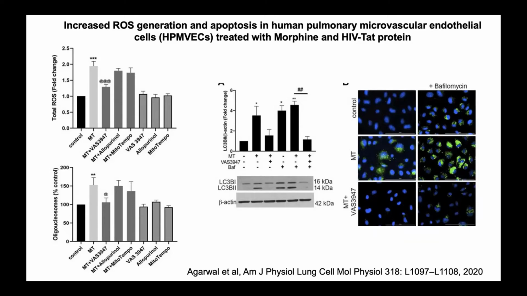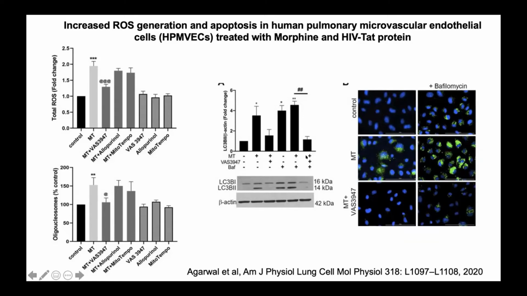The previous publications from this lab have also shown that morphine and TAT treated cells undergo autophagy, and there are increased levels of LC3B protein, which is a marker of autophagy, in morphine and TAT treated pulmonary microvascular endothelial cells.